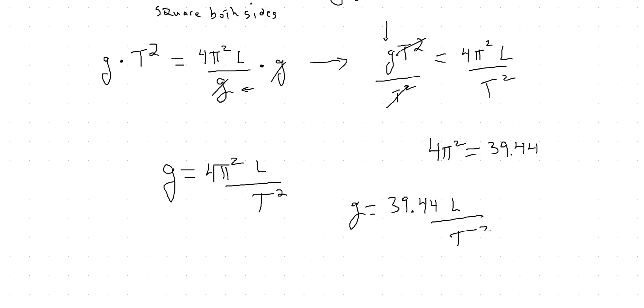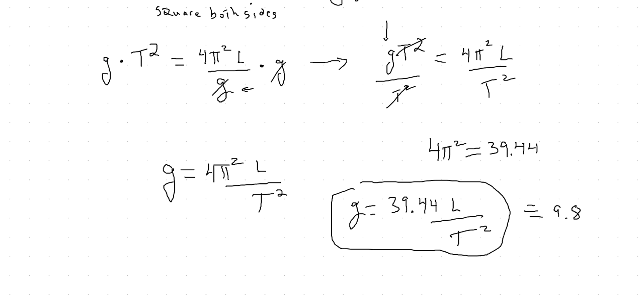Okay, so now we have an expression. Remember, this answer, whatever we put in our numbers, should be as close as we can to 9.8 meters per second squared. Right? L is in meters, T is in seconds, so we get meters per second squared.